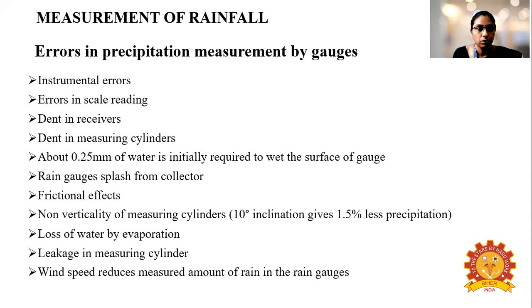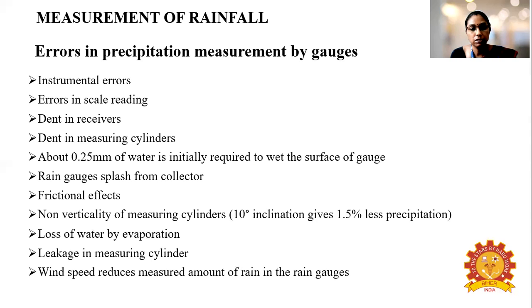Then during the measurement of rainfall by using the rain gauges, there are chances to have errors in the measurement or in the measured data. So what are those errors? We can see them.